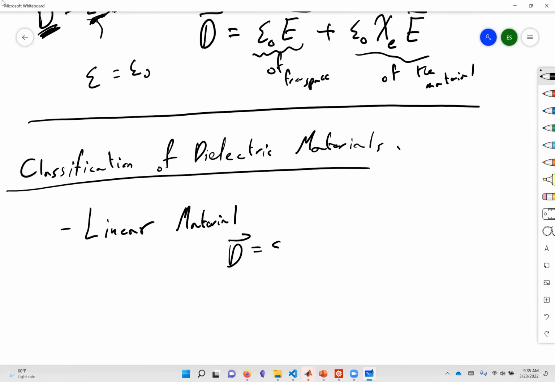It means that D equals epsilon E, and epsilon does not depend on the strength of E. Essentially, that's what it means if the material is linear. Epsilon does not depend on E, meaning the polarization always has this linear formula. If the field is stronger, epsilon does not change.